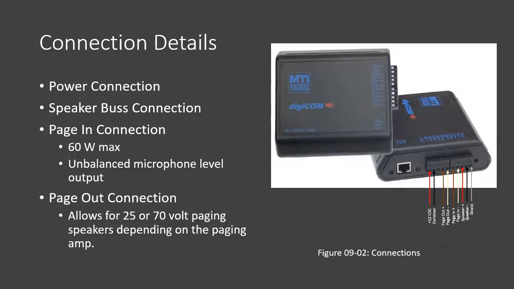Using a balanced side will give you half the conversation, so we want to make sure you connect that correctly. Paging out wise, it allows for 25 or 70 volt paging speakers to be used in the event that you need different paging speaker options.